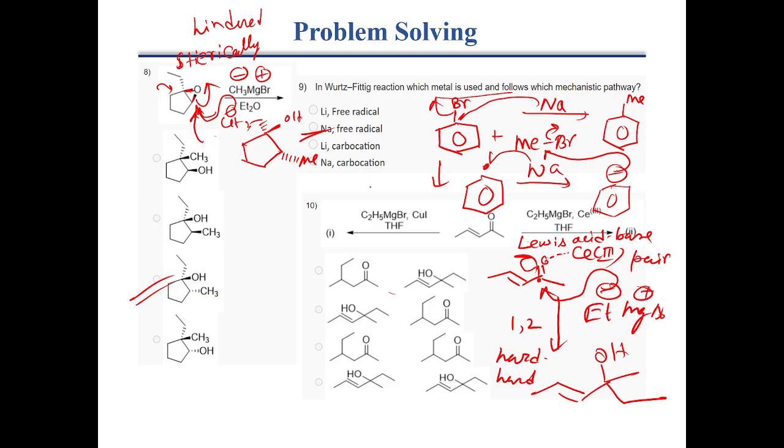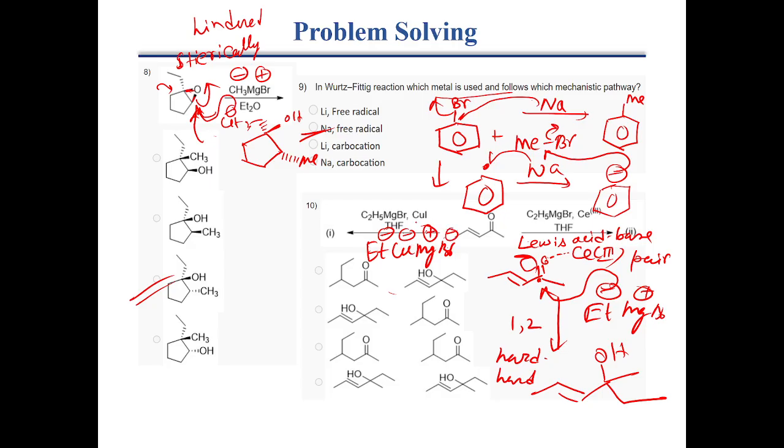But in the presence of ethyl magnesium bromide and copper iodide, transmetallation happens and it will give ethyl copper magnesium bromide, which is soft. The ethyl has negative charge, copper has negative charge, magnesium is positive charge, bromide is negative charge.